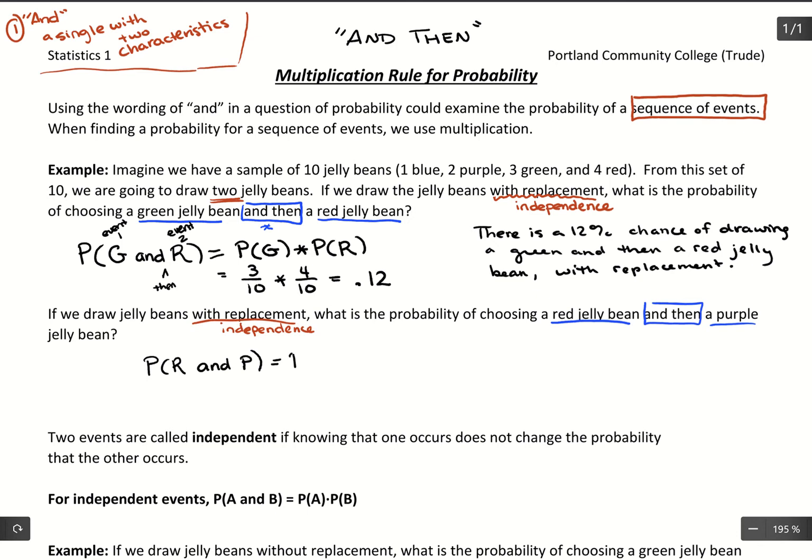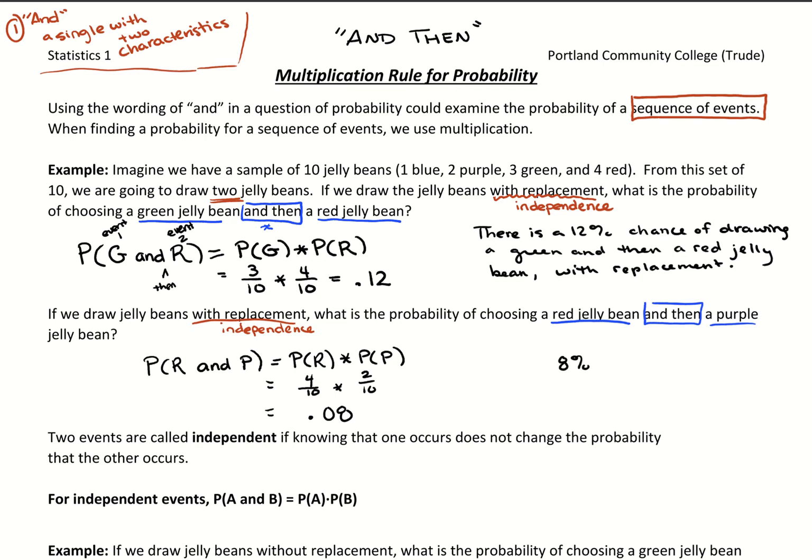We can just multiply the probability of red times the probability of purple, where red is 4 out of 10 and purple is 2 out of 10. So this is going to be 0.08. So there's an 8% chance with this.